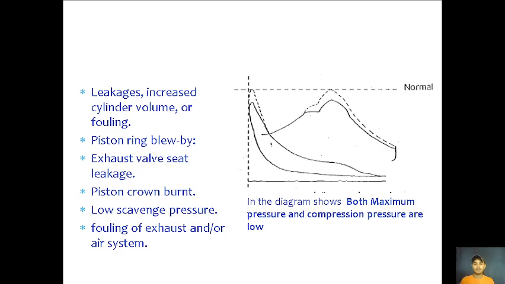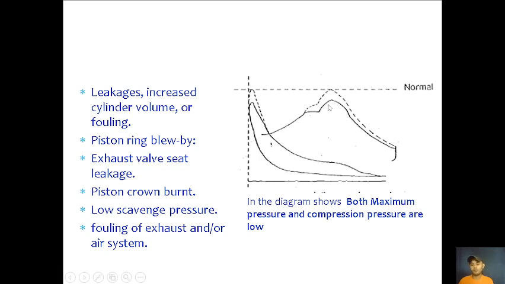Okay. Next. As you can see here, the normal one is the broken line. The diagram shows both the maximum pressure and compression pressure are low. If the compression pressure is low, the maximum pressure also goes down.